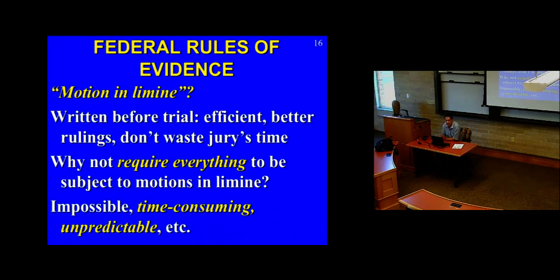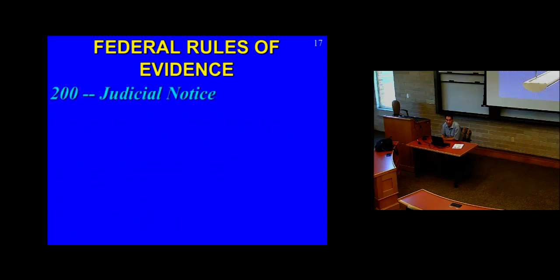It would also be very time consuming to try to figure out all of those issues, and some things are unpredictable. But to the extent you can predict it, it's a good idea. And to the extent strategically there's certain pieces of evidence you want preliminary rulings on, it's a good idea to raise that through the motion in limine procedure.